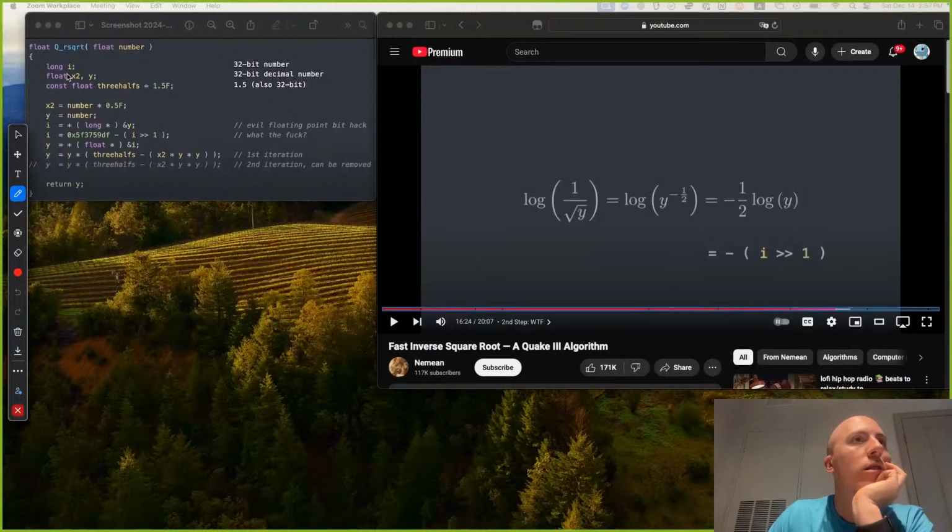So what is I? I goes here. We just take y, and we're just looking at the bits of y. So y is equal to the number. So I is the IEEE encoding of this number here.